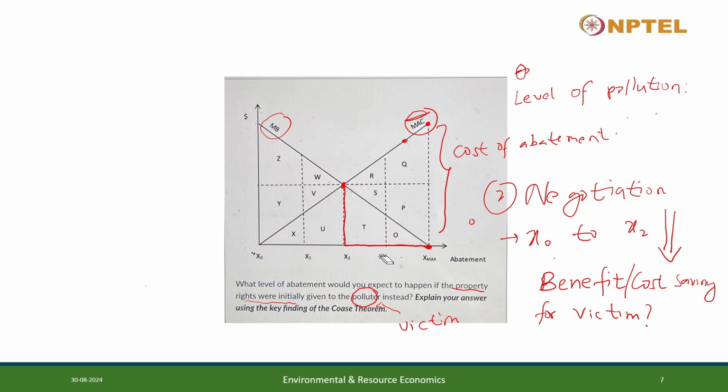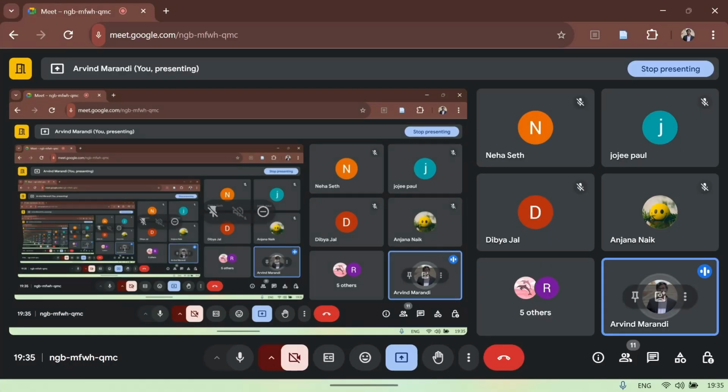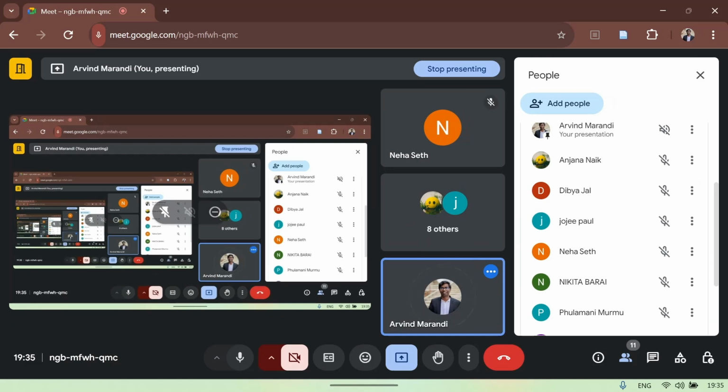So the property right is given to the polluter and the victim negotiated. After negotiation, certain cost saving will be there. So what will be this value of cost saving? What will be this area? Anyone?